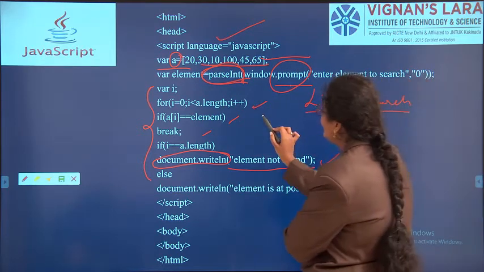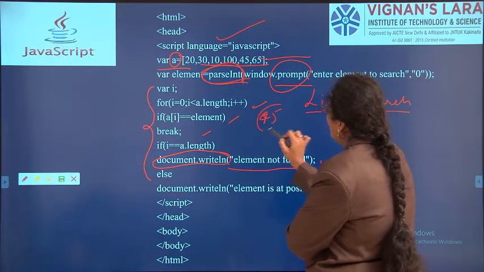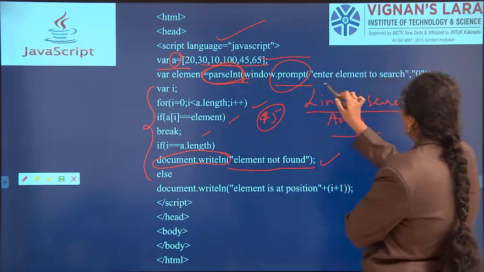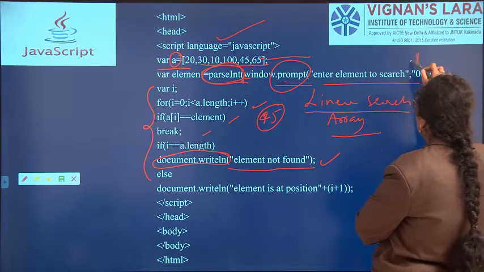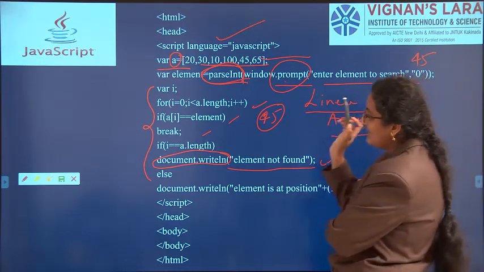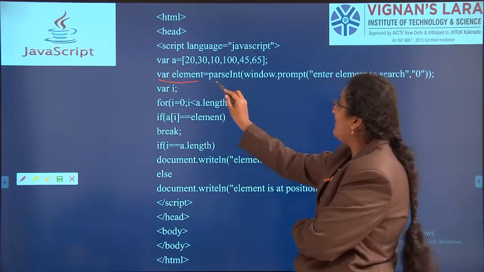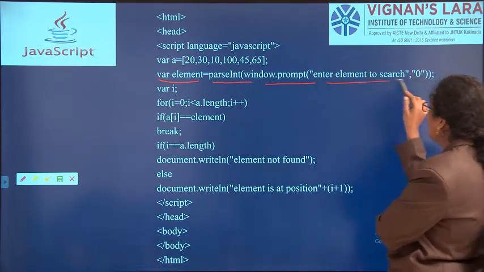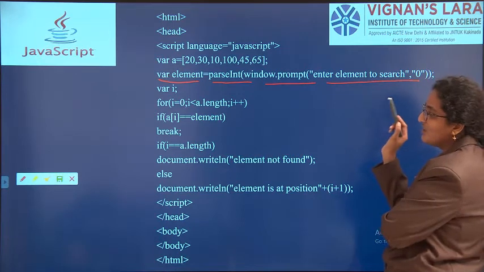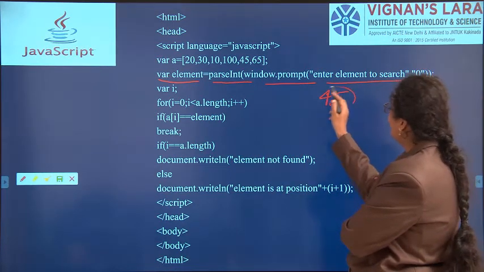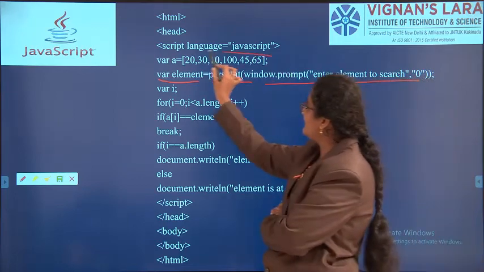See, I want to search 45. After executing the parseInt window prompt, "enter the element to search", I will give 45 from the keyboard. This 45 needs to be searched in this array.